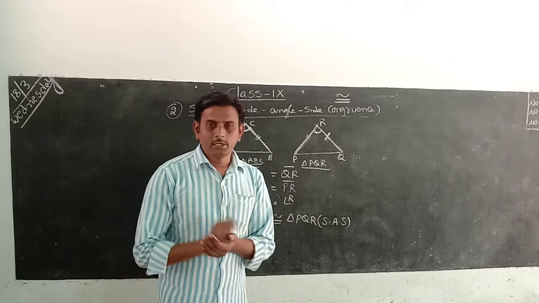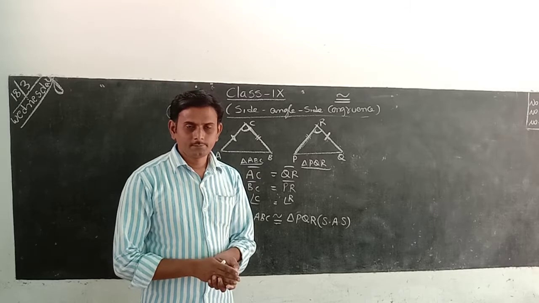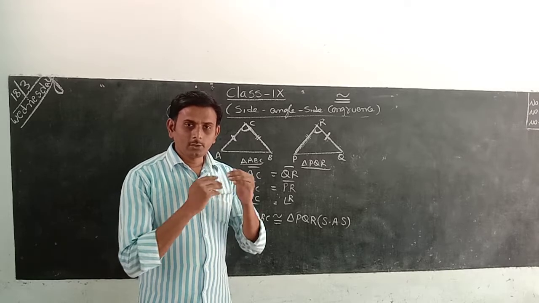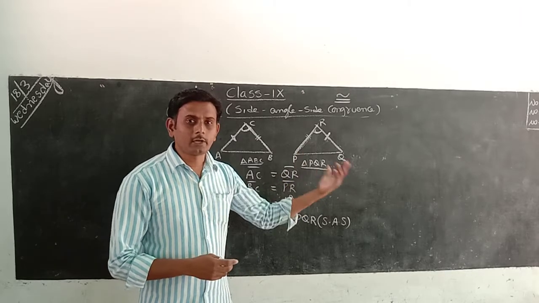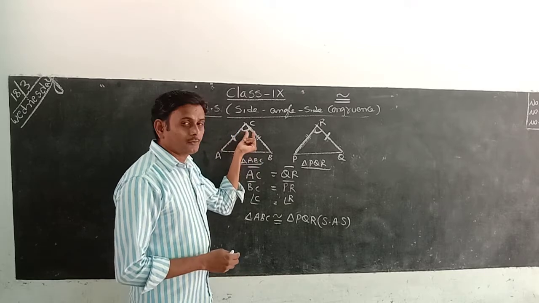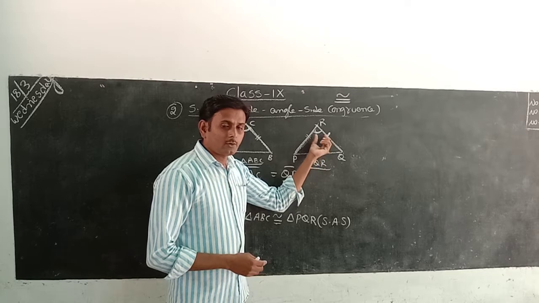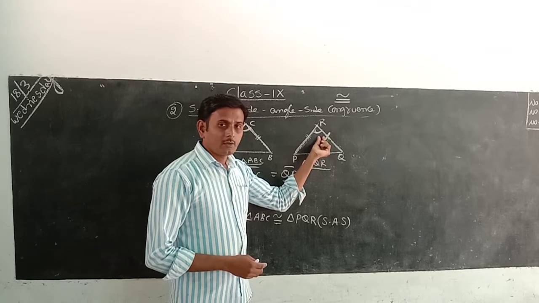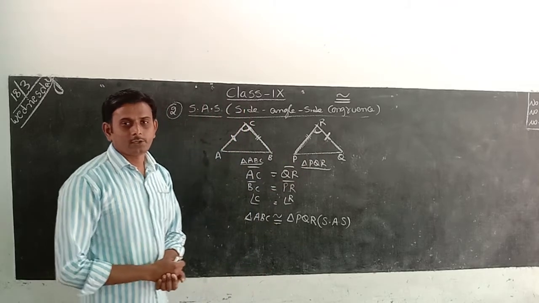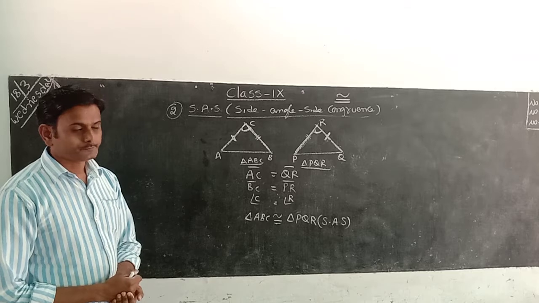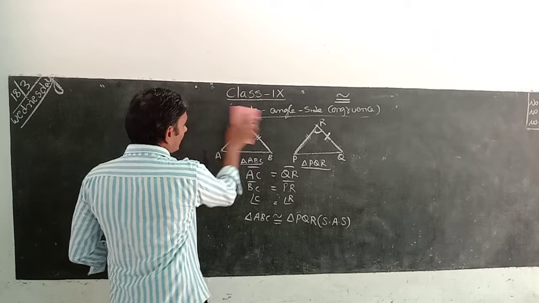If you choose any two triangles, two sides along with the included angle is equal to the two sides along with the included angle of another triangle, then those are said to be congruent by using the SAS criteria. Okay, now we go for the third criteria.